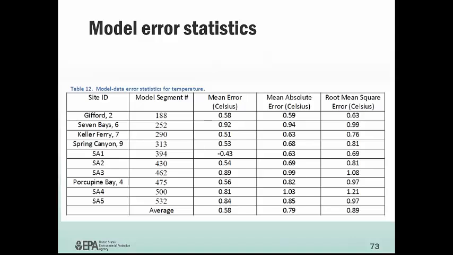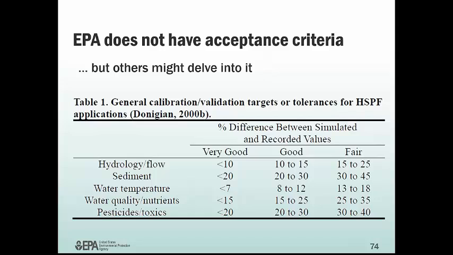Important to note that we're often asked, do we have criteria for what's acceptable in terms of these error statistics? And the answer is we do not, and I'll talk a little bit more later about why. But this is an example of a table from one research group that has offered its own judgment on what constitutes a very good, a good, or a fair model error for an HSPF model.